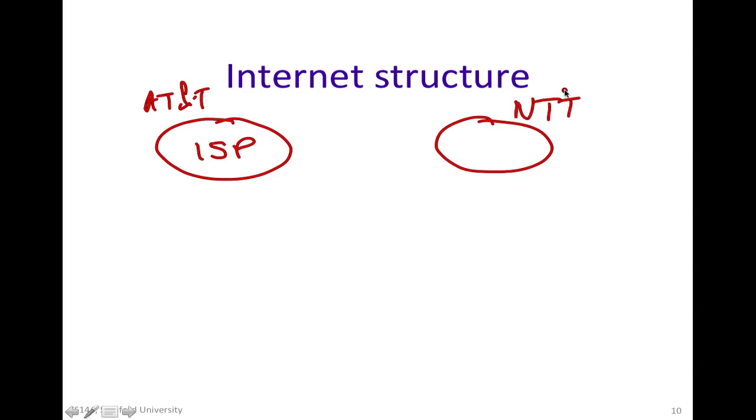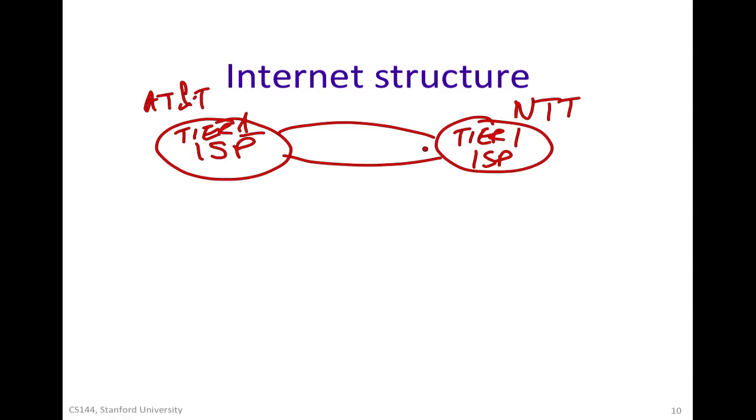There's about a dozen of these so-called Tier 1 ISPs. And they are defined as ISPs that are fully mesh interconnected with each other and who peer each other without charging each other. It's called settlement-free peering. In other words, there's no money that goes across this interface between them.